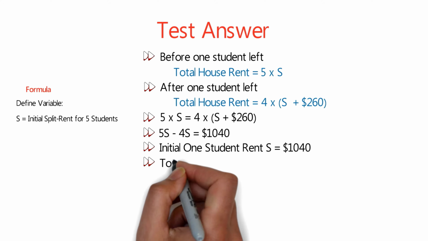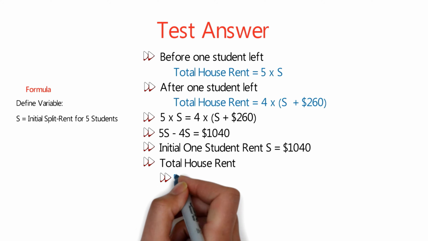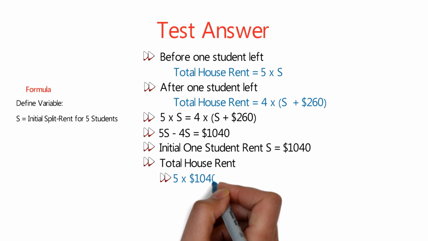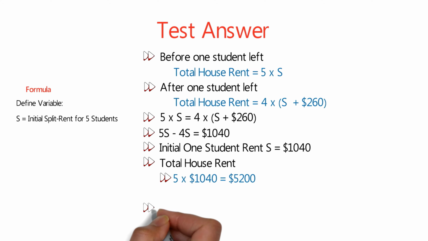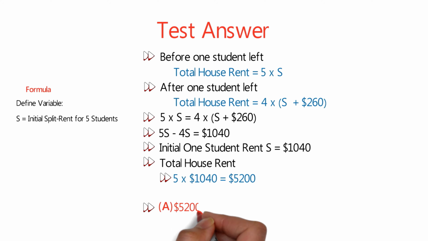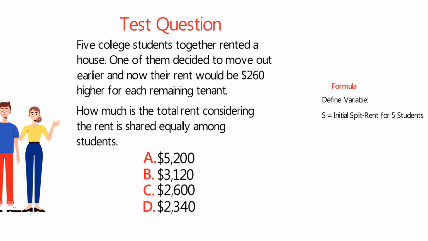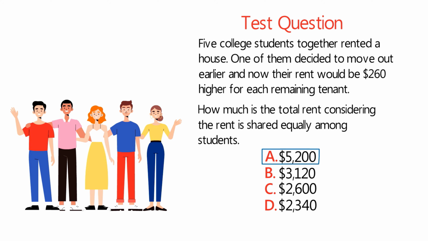To calculate total house rent, we need to multiply 5 by $1,040, and the result will be $5,200. So the answer is choice A, $5,200. Hopefully you've nailed this question and now know how to answer similar problems.